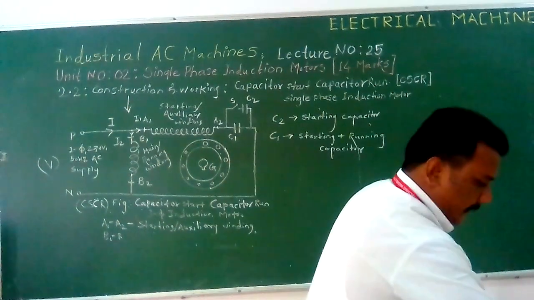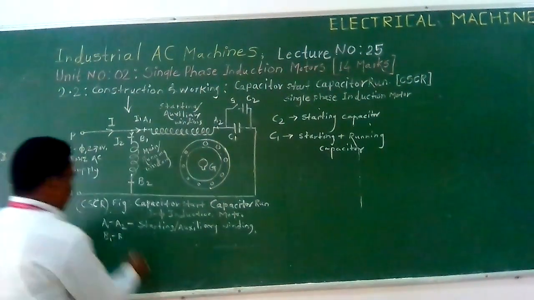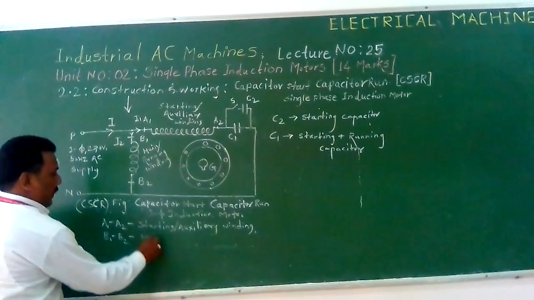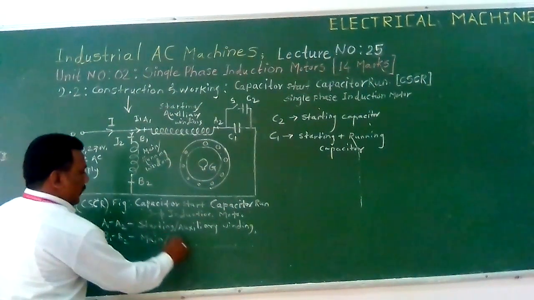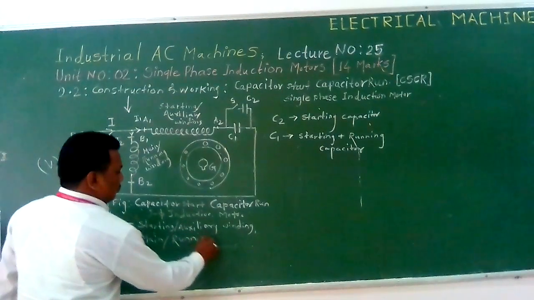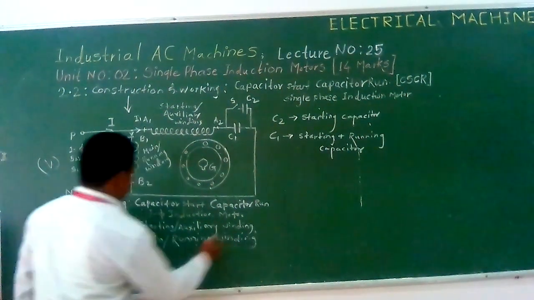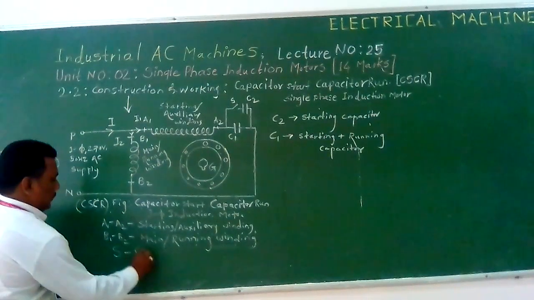B1, B2 is the main or running winding. S is the centrifugal switch.